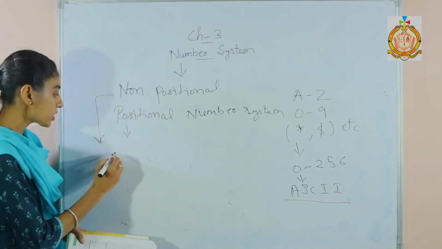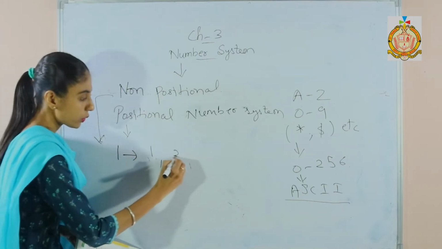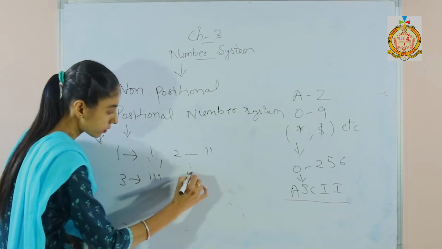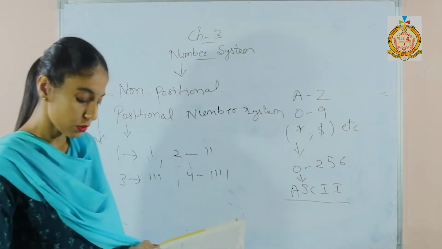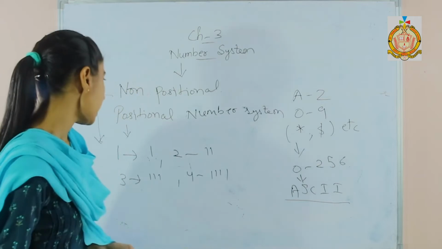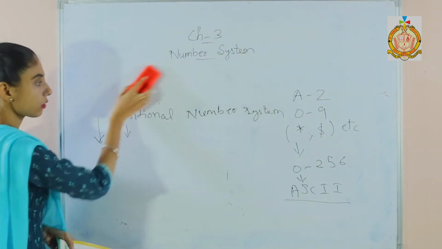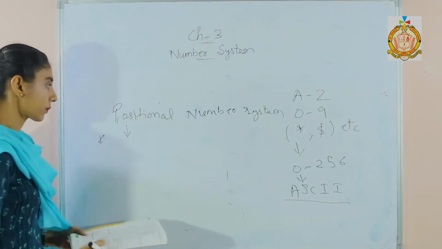With the non-positional number system, we can represent 1 as 1, 2 as 2, 3 as 3, 4 as 4. So it is not possible to calculate difficult values. With the help of the positional number system, we can solve the values. In this, 4 systems are there.